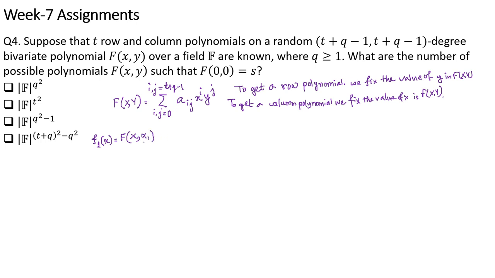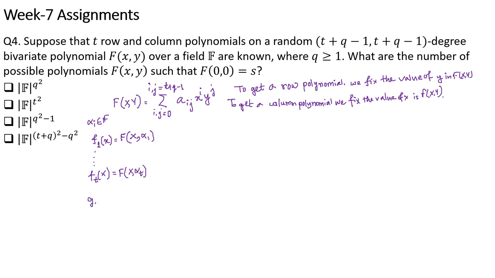Alpha 1 is some evaluation point, right? So alpha 1 is a field element. Any alpha i is a field element, and t such row polynomials are available. This is given in the question.